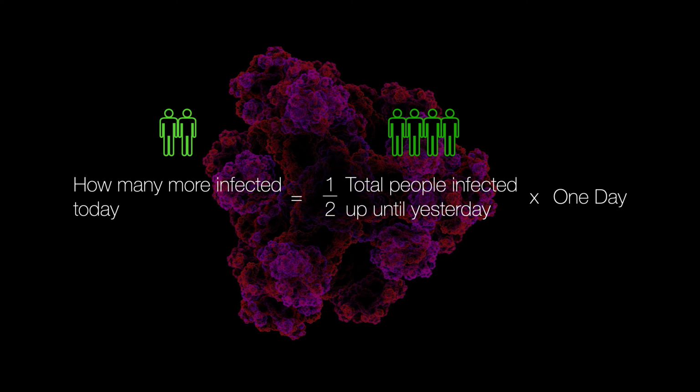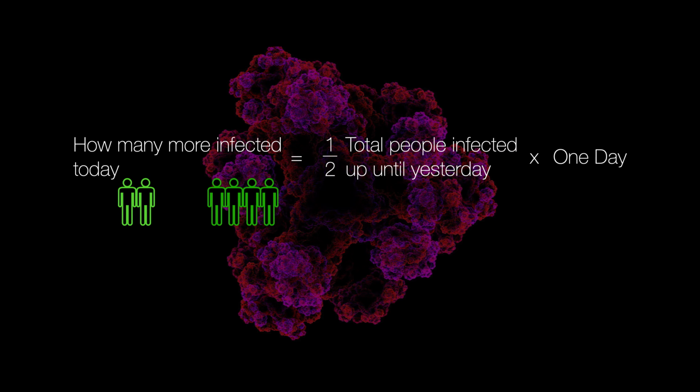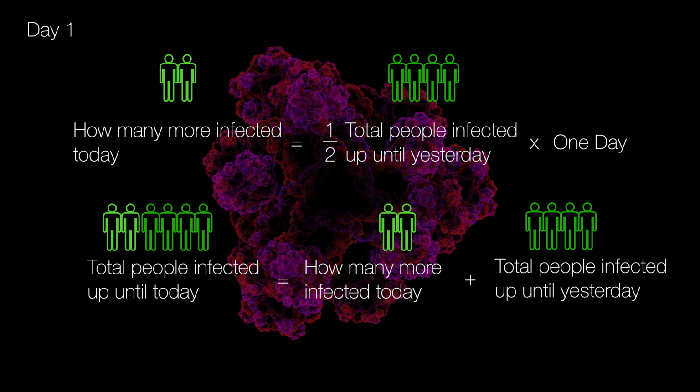Speaking of general, let's replace the stick figures with words. And by the end of day 1, we end up with 6 people infected in total. So let's go over that again, just for clarity. Yesterday there were 4 people infected, and by half a chance we have 2 extra people that got infected today. So in total, by the end of the day, we have 6 people infected.